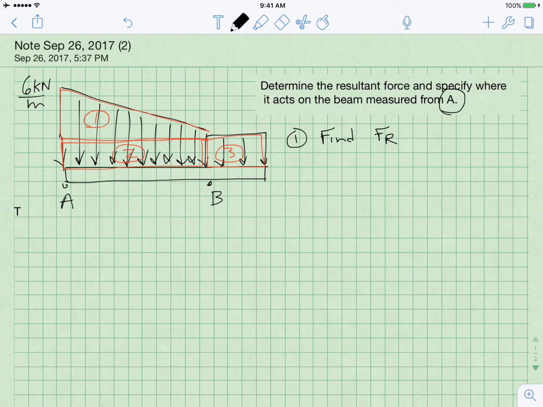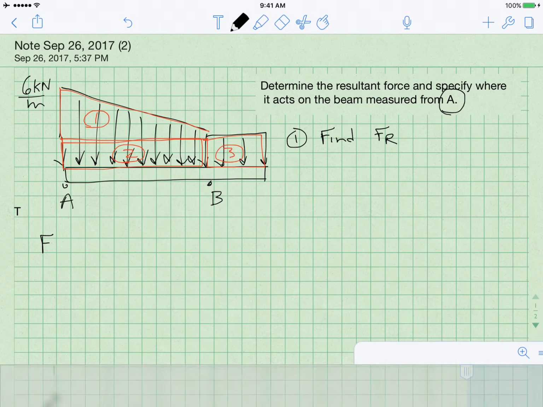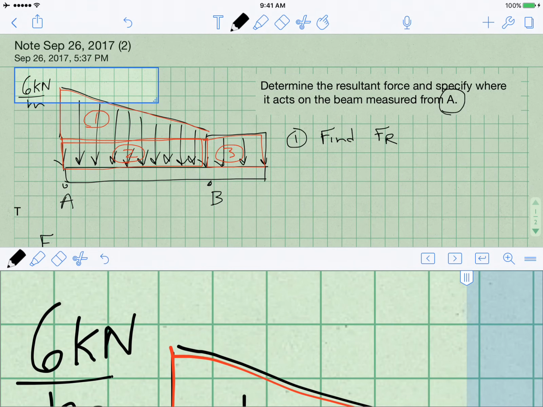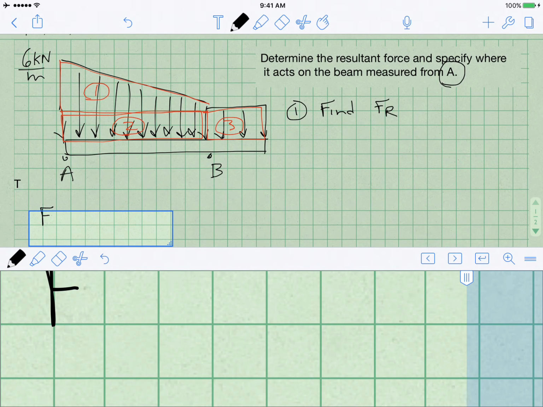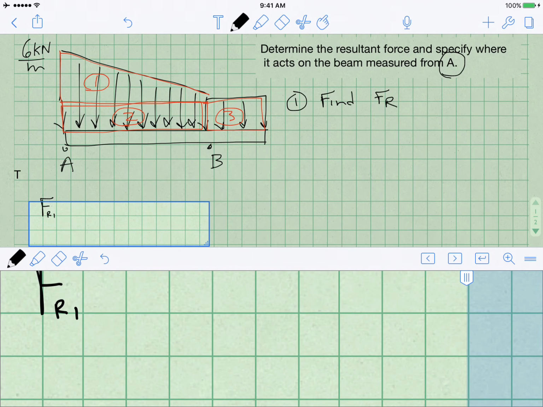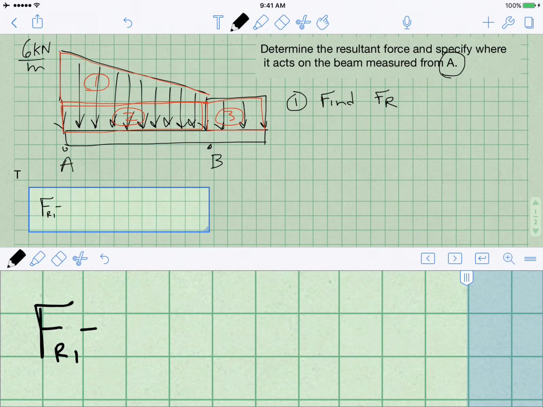So the resultant force from area 1 will equal... area 1 is a triangle, and the area of a triangle is half times the base times the height. In this case it will be a half times the base, so I need to add dimensions to this problem.